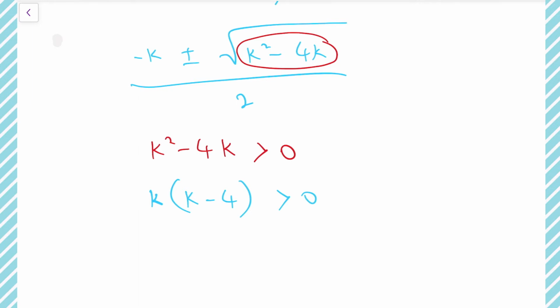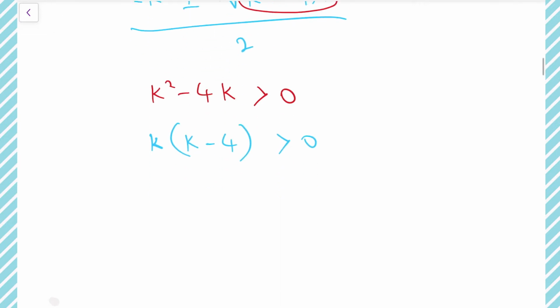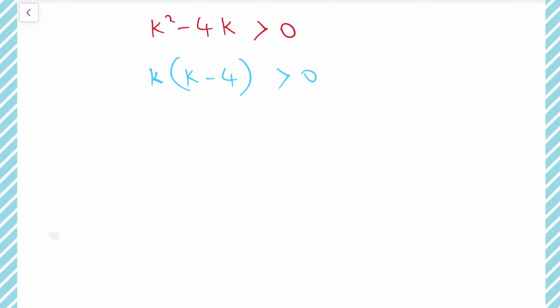So what is the meaning of this being greater than 0? Let us check once. If k is less than 0, what happens? If k is less than 0, this is a negative number and this is also a negative number. Here both are negative numbers, negative into negative is positive, which is greater than 0.